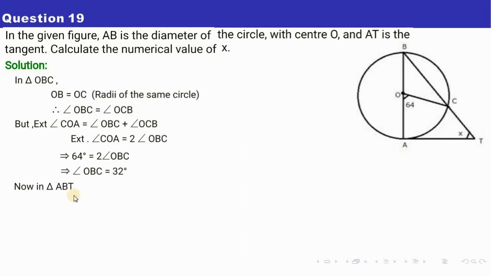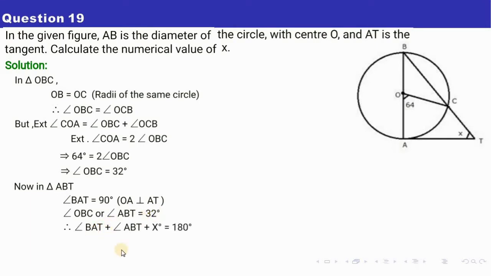In triangle ABT, we have BAT equal to 90 degrees, since OA is perpendicular to AT. We can call this OBC as well as ABT, so ABT is 32 degrees. So the sum of the interior angles gives us 90 plus 32 plus x equals 180 degrees.